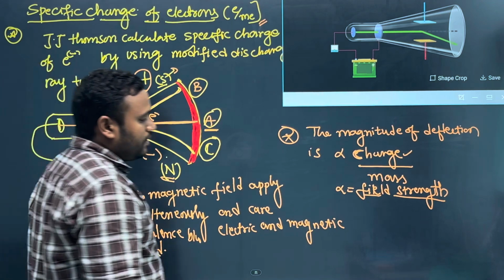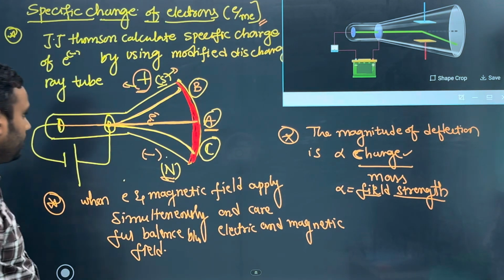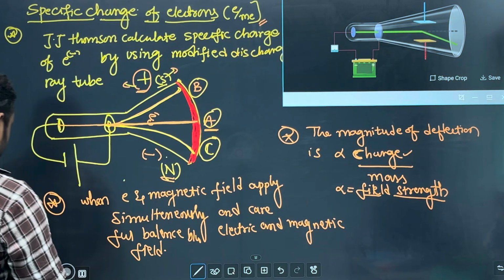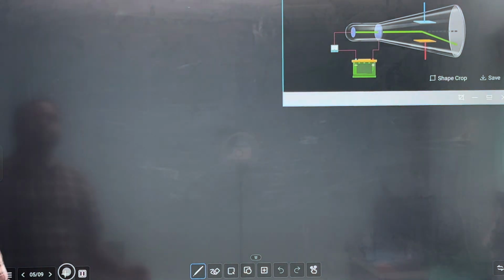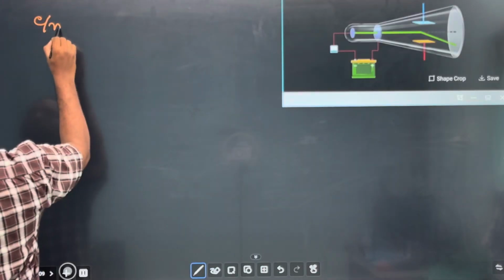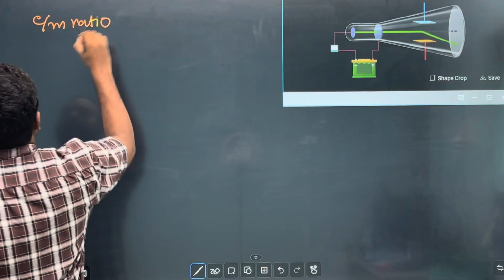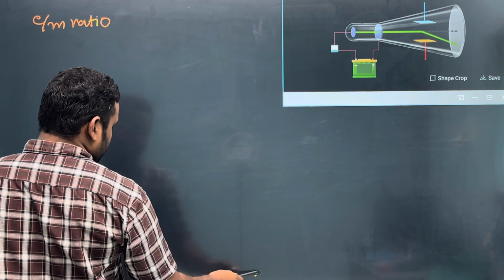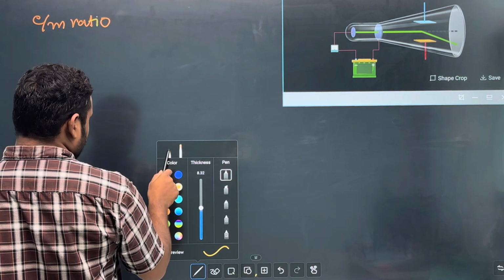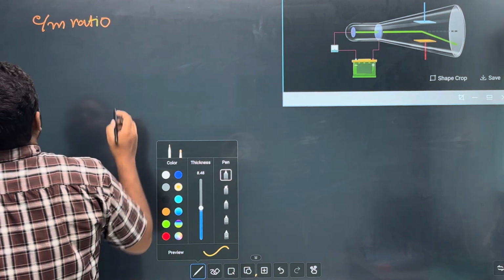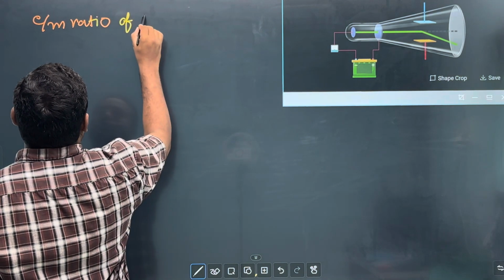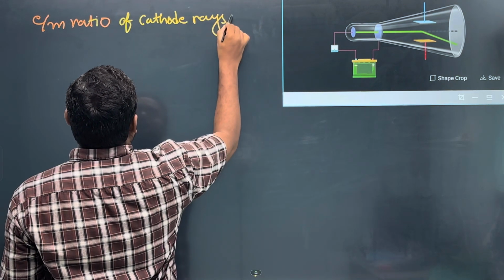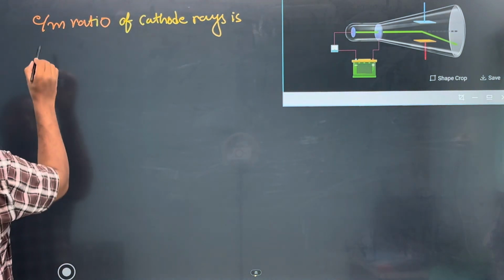And finally, what he concluded: the e/m ratio, or specific charge, of cathode rays is constant.